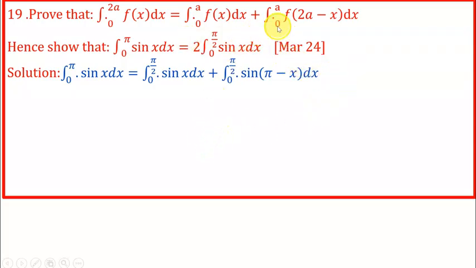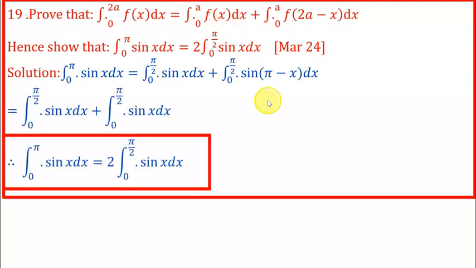Now with the help of this property, 0 to pi of sin x dx is equal to 0 to pi by 2 of sin of x dx, and what about here? Integral 0 to a of sin of, what is here, 2a? 2a is nothing but pi. Sin of pi minus x. Both of them have the same lower limit and upper limit.